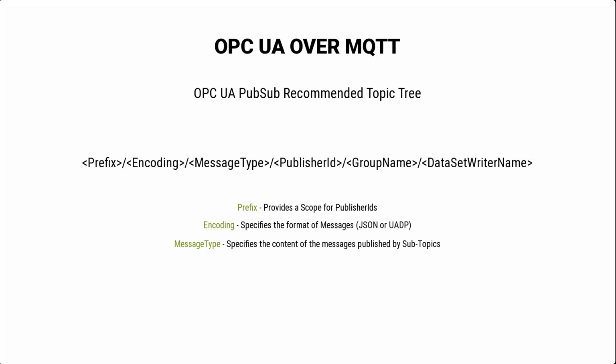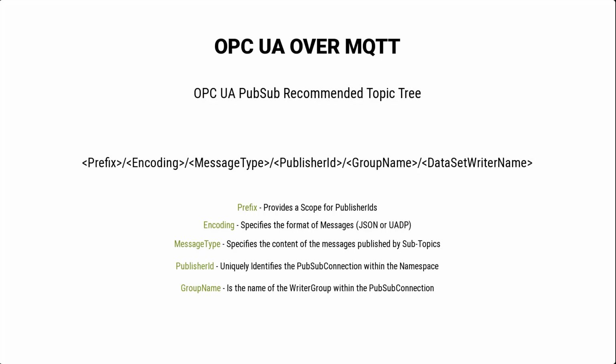And then these primary elements are followed by the configurable elements that form a hierarchy. These are publisher ID, which represents a device, group name, which represents a user-defined group of devices or machines, and then dataset writer name, which represents the actual messages that get published.